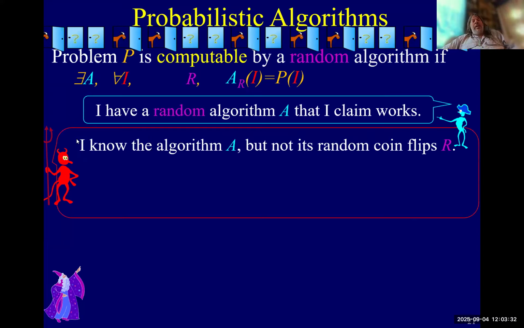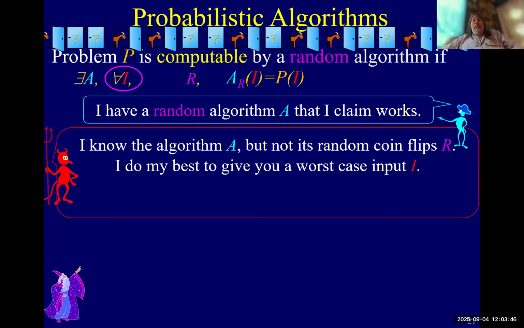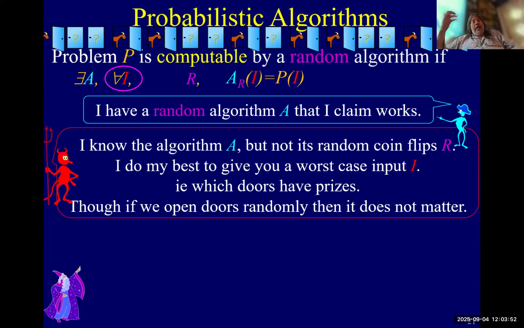So when the adversary knows the algorithm and doesn't know anything special about the doors, the adversary has no idea which doors to put the prizes behind, right? He can try to give you the worst case input, but the point is all the inputs are about the same. It doesn't matter which doors you put the prizes behind. Does that make sense?